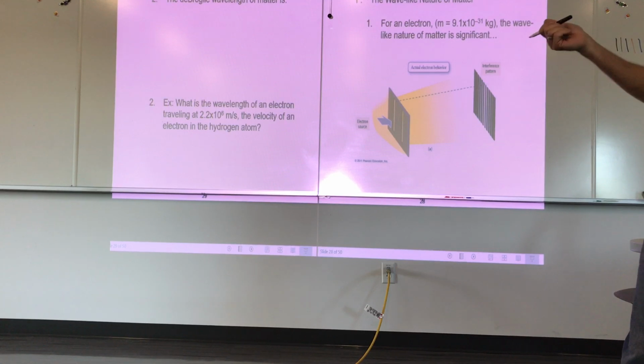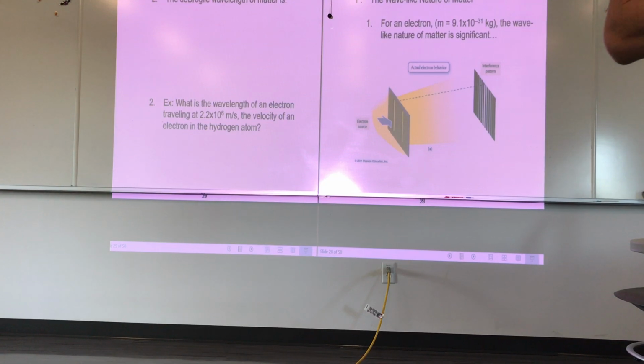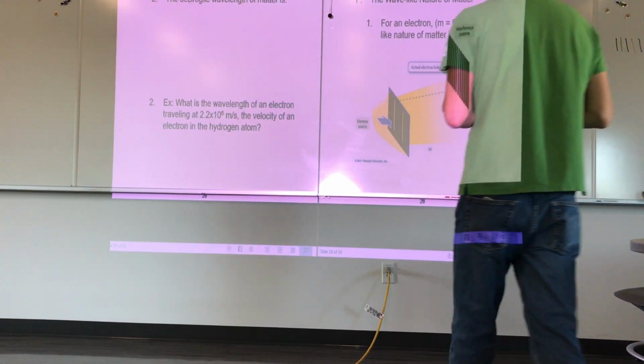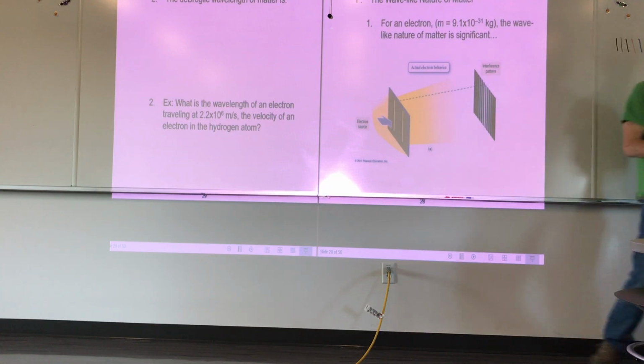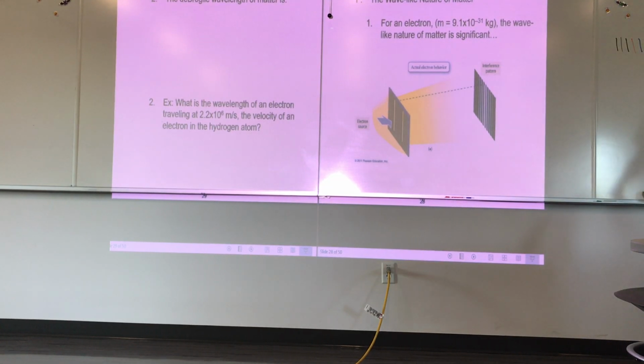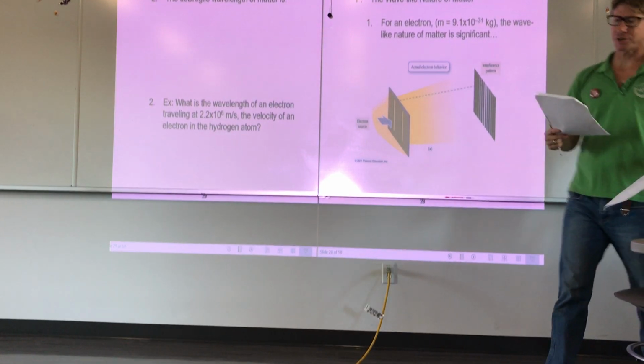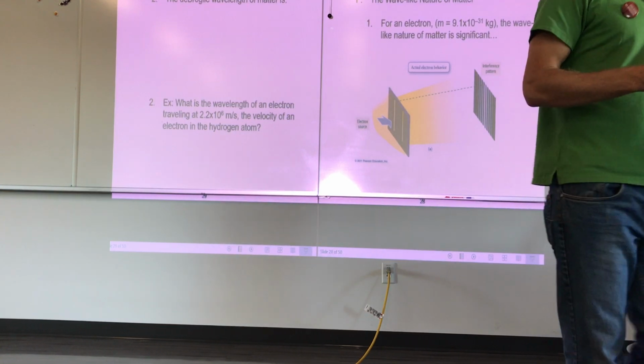But otherwise, we will continue with Chapter 7. Are there any questions before we get started? If not, then let's see, where were we? Oh, I believe we left off on the slide before this. Is that correct? We did a calculation. We did the ladder diagram of energy levels.